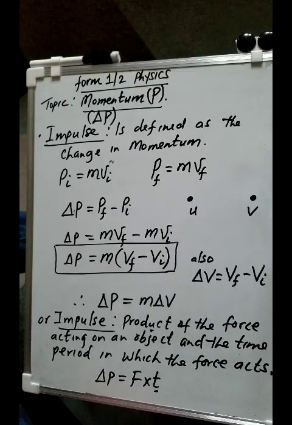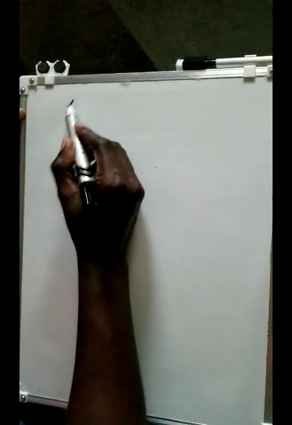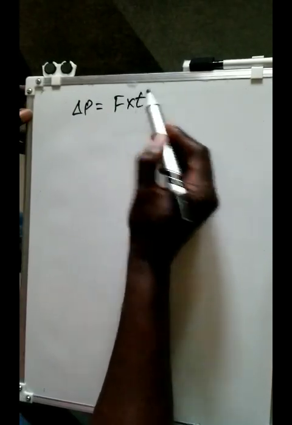That's another definition. Now I want to highlight this so that you are able to see the definition I've given you. I'm simply saying that delta p is equal to force multiplied by time.